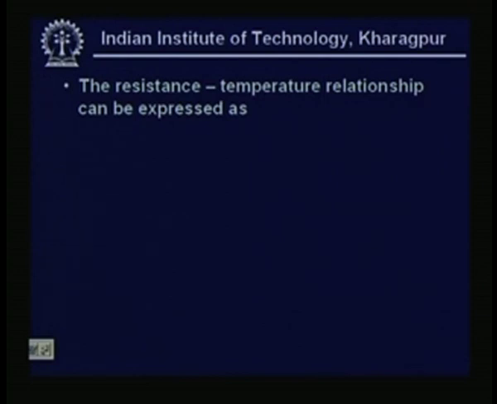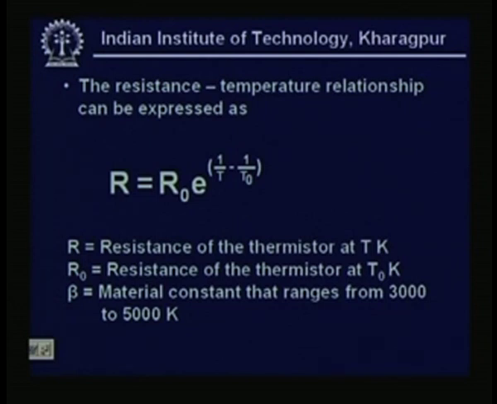The resistance temperature relationship can be expressed as R equals R naught exponential to the power beta multiplied by 1 by T minus 1 by T naught. What are those legends? R is the resistance of the thermistor at T Kelvin, R naught is the resistance of the thermistor at T naught Kelvin, and beta is the material constant that ranges from 3000 to 5000 Kelvin.